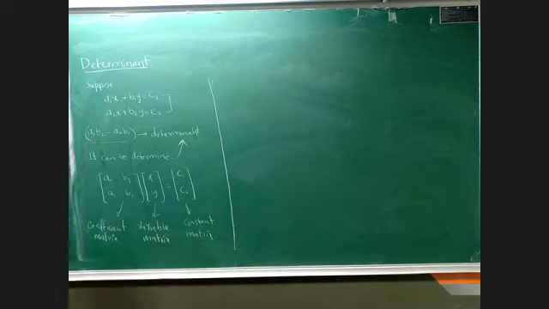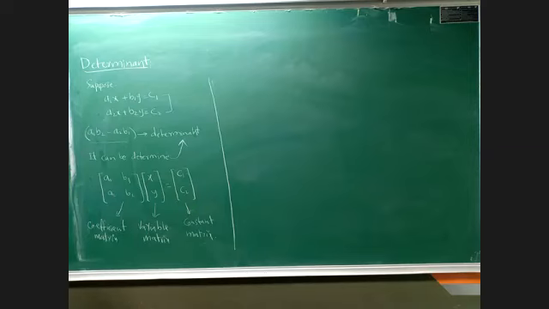So what we have done here, we changed the simultaneous equation into matrix form. When we converted into matrix form, there are three matrices: coefficient matrix, variable matrix, constant matrix.